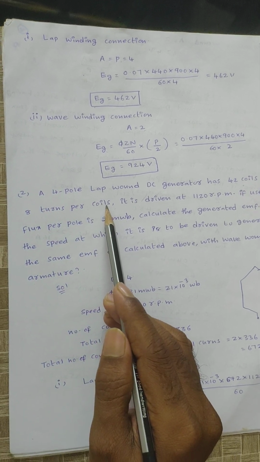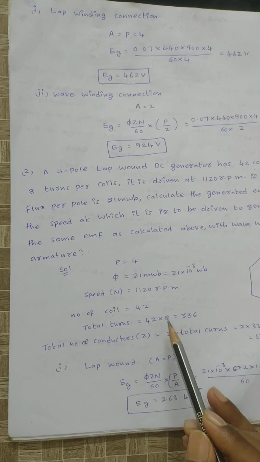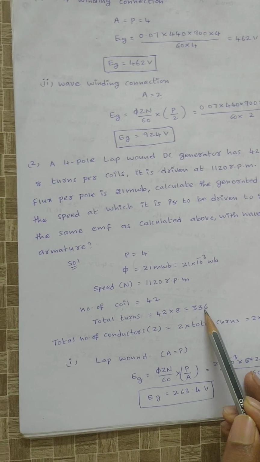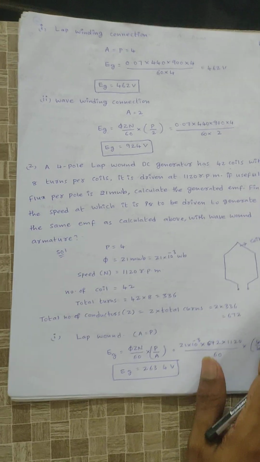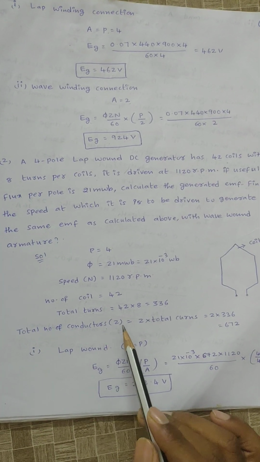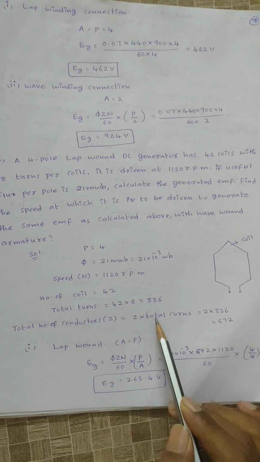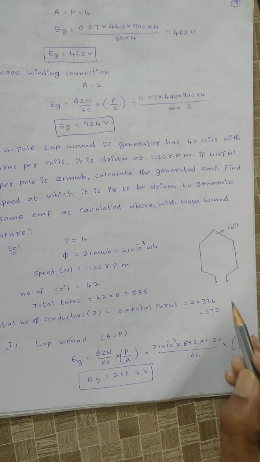That means total number of turns is 42 into 8, which is 336. After that, total number of conductors is 2 times the turns. That is 2 into total turns, you will get 672 conductors.